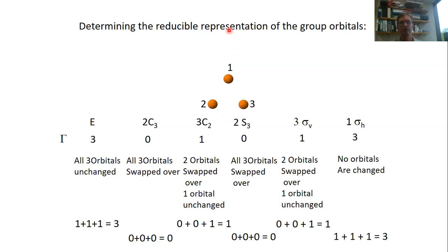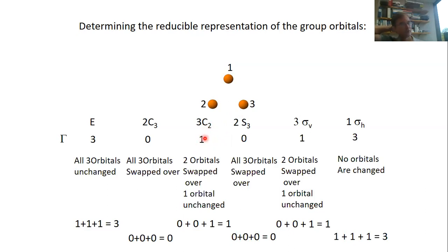For example, when we use this C2, we swap orbitals 2 and 3, but orbital 1 just remains in its position. So two of them get the character 0, and one of them gets the character 1, so overall the character is 1.